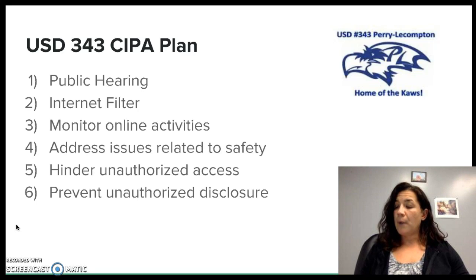Third, there has to be monitoring of online activities of minors. 4, we had to address issues related to the safety of minors when using email, chat rooms, and other electronic communication. 5, there had to be some kind of method to hinder unauthorized access, such as hacking and other unlawful online activities by minors. And the last part of the CIPA plan for USD 343 is to prevent unauthorized disclosure of personal information regarding minors.